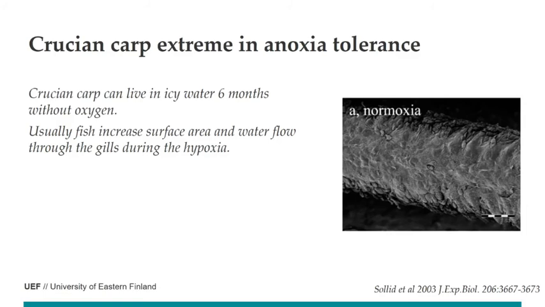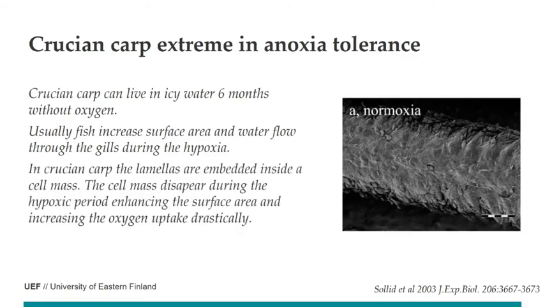And in crucian carp, the interesting thing is that in the gills there are actually no lamellae at all. You can't see them in the cold. But they exist, they are inside a cell mass.